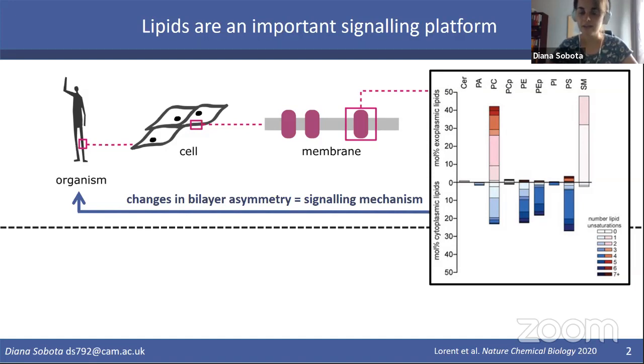So it's so precise that it cannot be just coincidence, and in fact, it is not. It is very important what lipid species are on which side of the membrane, on the inner or outer leaflet, because each lipid species can act as a signaling molecule.